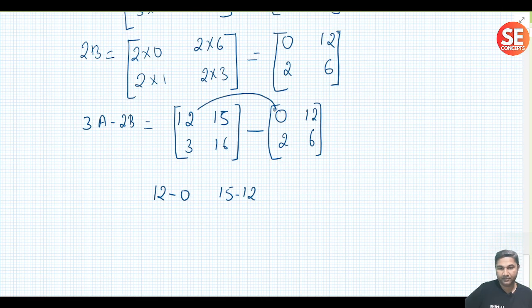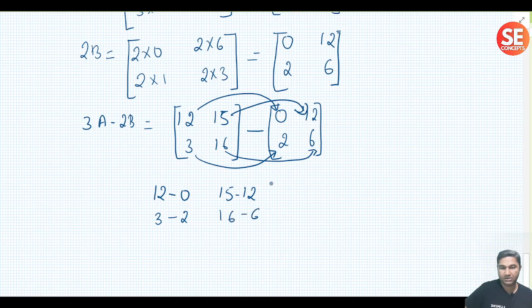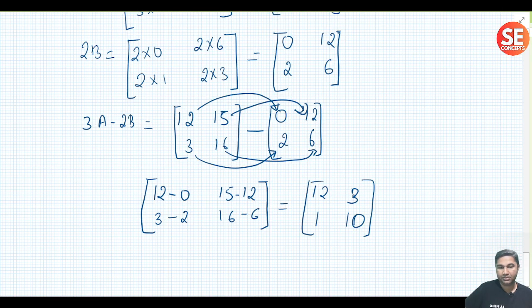The same concept: first to first, second to second, third to third, fourth to fourth. So 12 minus 0 is 12, 15 minus 12 is 3, 3 minus 2 is 1, 6 minus 6 is 0. This is your answer.